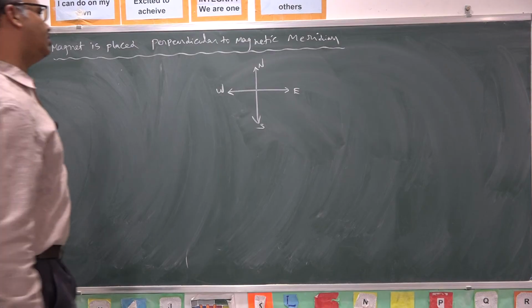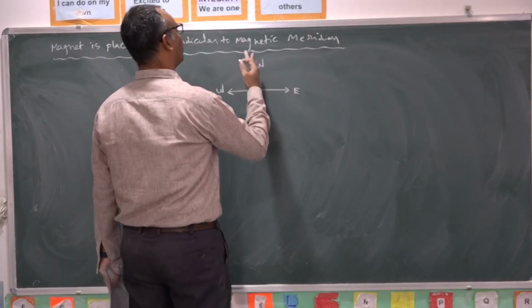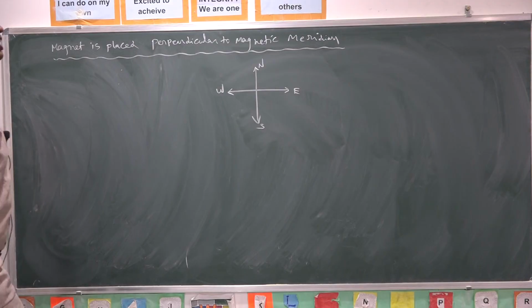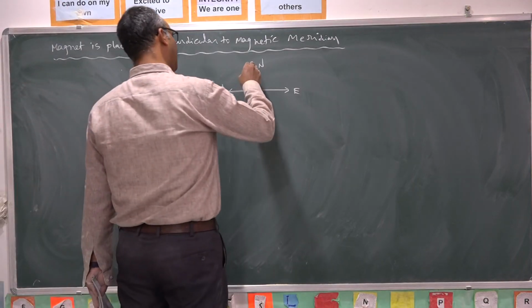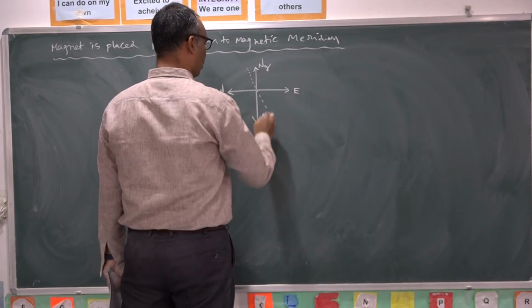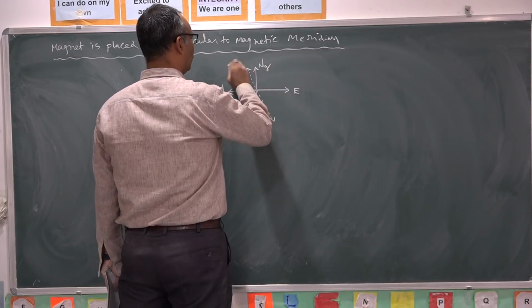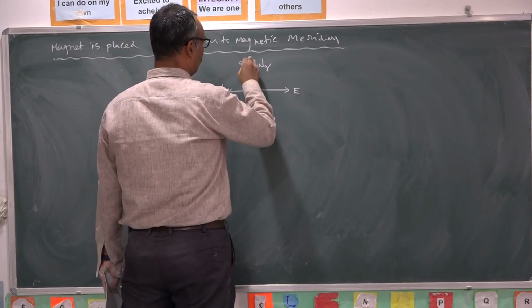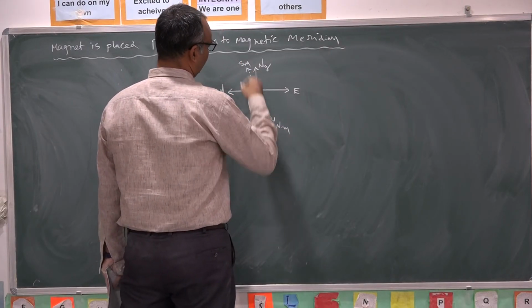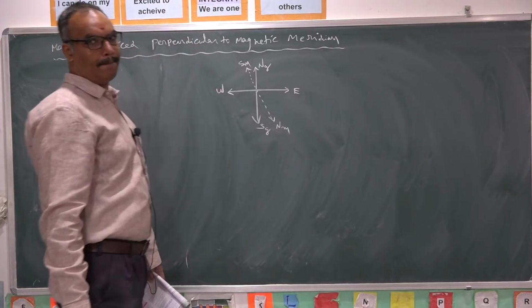Magnetic meridian means a vertical plane passing through geomagnetic north pole and geomagnetic south pole. So it is somewhere, these are geographic north, geographic south. So geomagnetic south, geomagnetic north. So this is geomagnetic meridian.